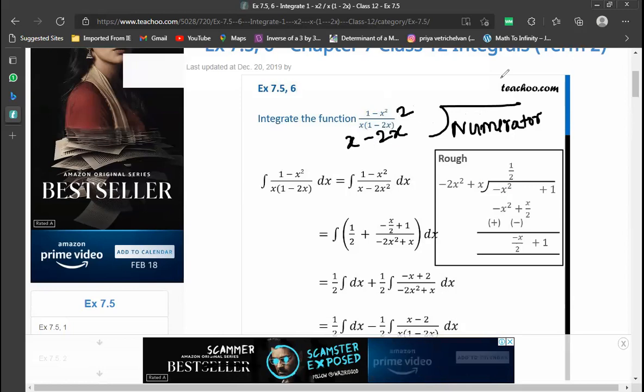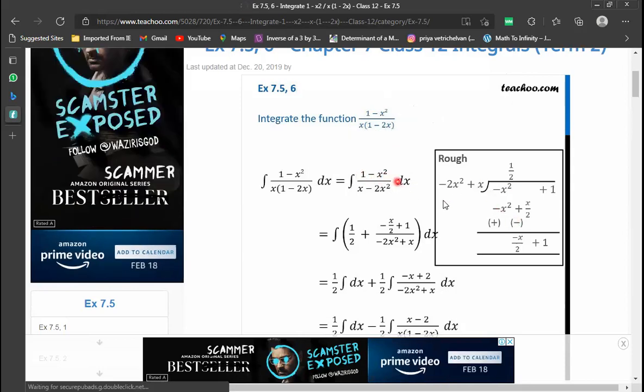So 1 minus x square can be written as minus x square plus 1. They're just writing in degree-wise order. So minus x square plus 1, and similarly they are rewriting x minus 2x square as minus 2x square plus x. So now let's do the division.